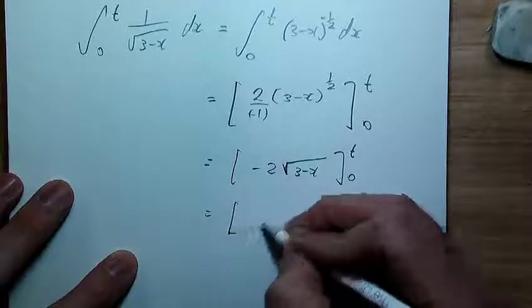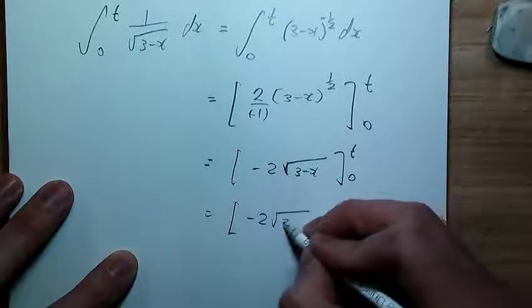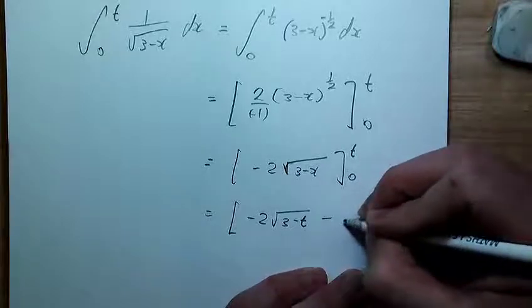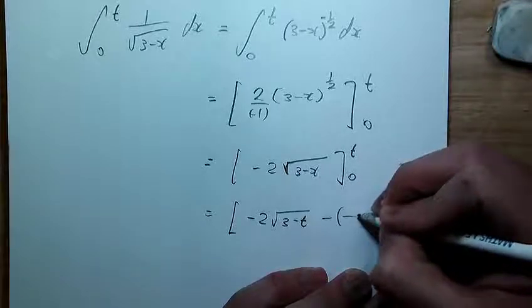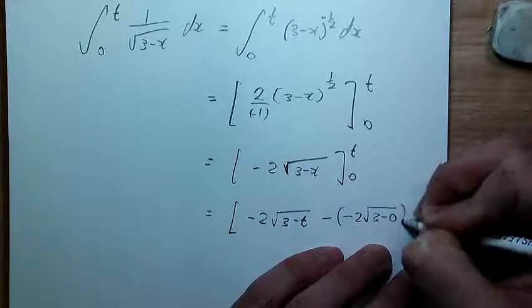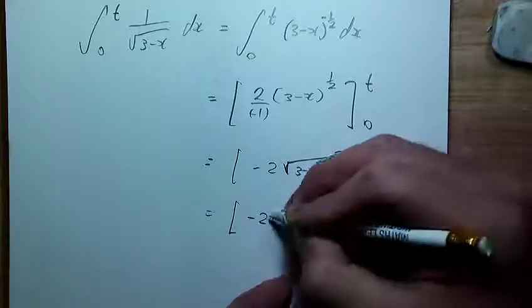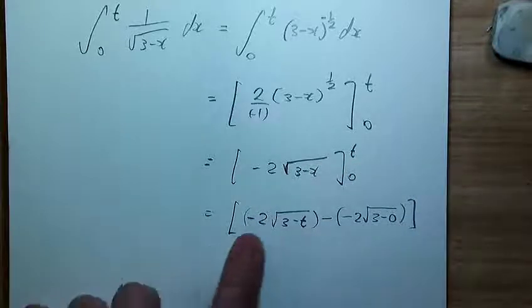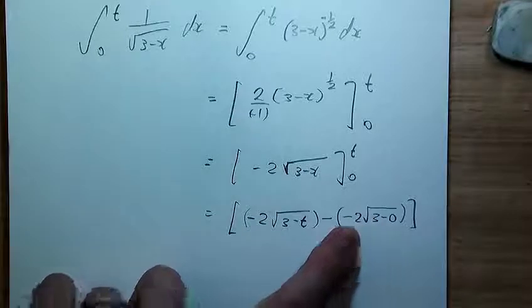So let's see what we get. When we put t in, we get 3 minus t, and 0. So that's what we've got now. When we sub in the t, we get this. When we sub in the 0, we get this.